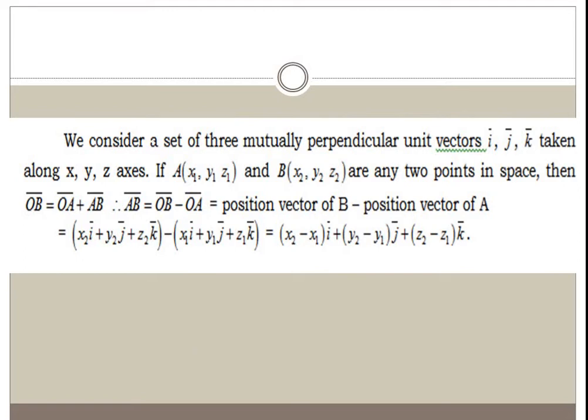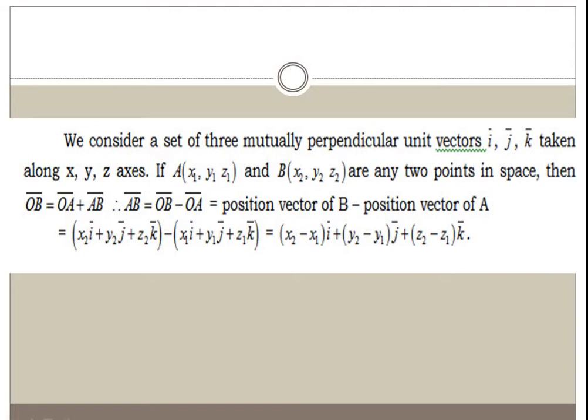Suppose we consider a set of three mutually perpendicular unit vectors i, j, k, taken along the x, y, z axes. If A is (x1, y1, z1) and B is (x2, y2, z2), two points in space, then OB bar is equal to OA bar plus AB bar, or AB bar is equal to OB bar minus OA bar.